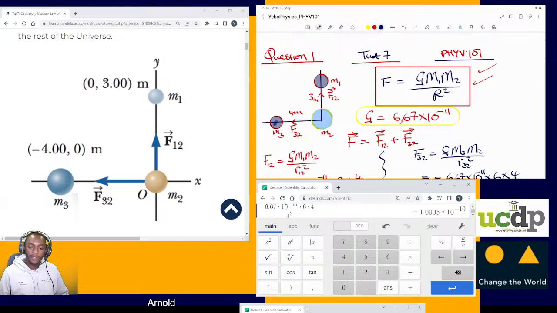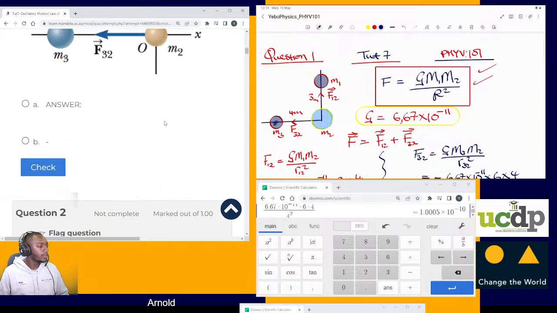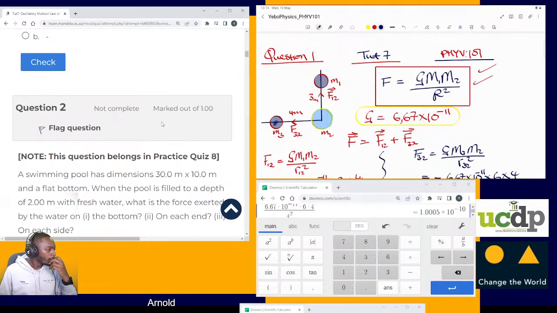All right, if there are no questions, then we are going to continue to the next question. Question 2 belongs to practice quiz 8.